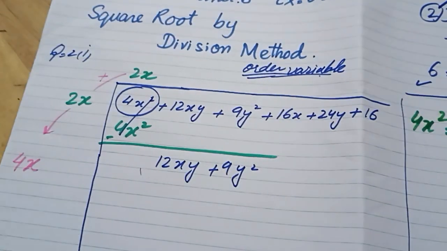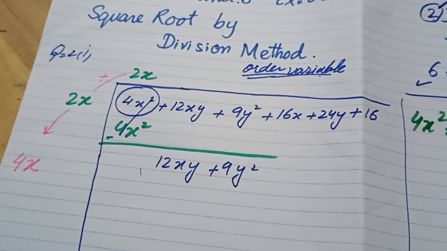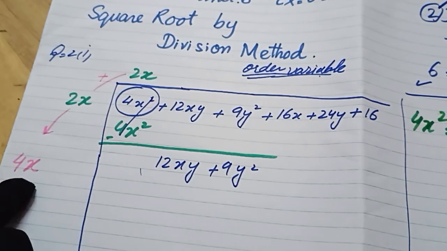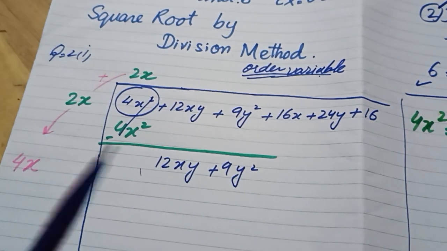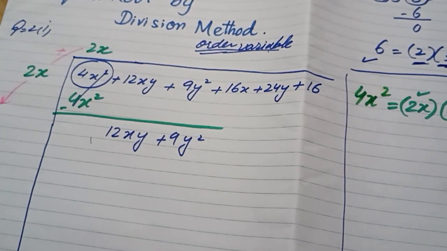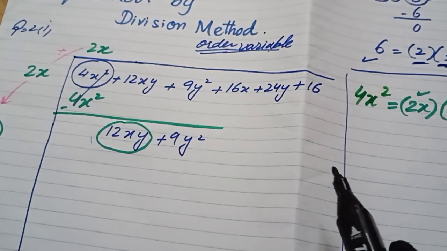Now, just like the division of polynomials as I have explained, divide the first term by the first term. Divide this first term by the first term, this by this over here.